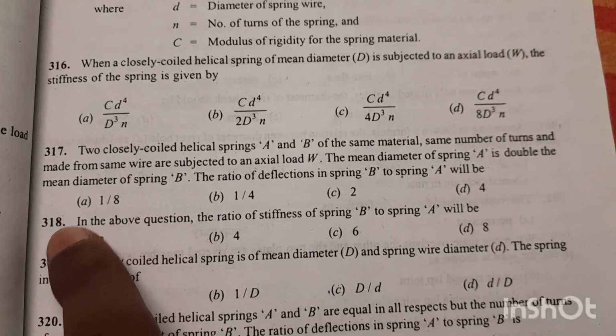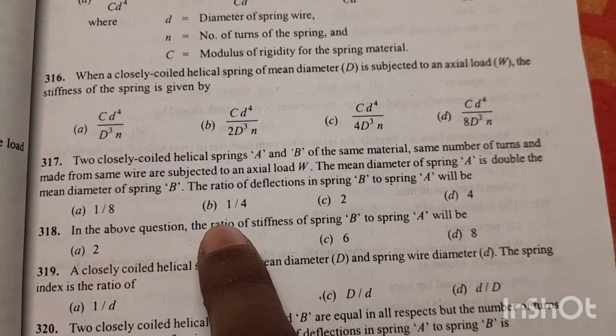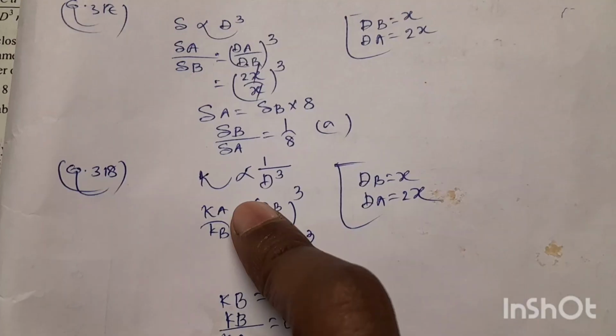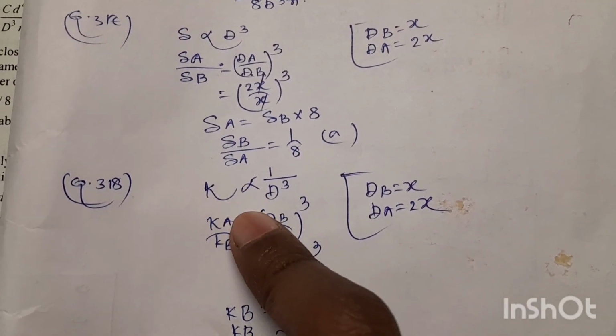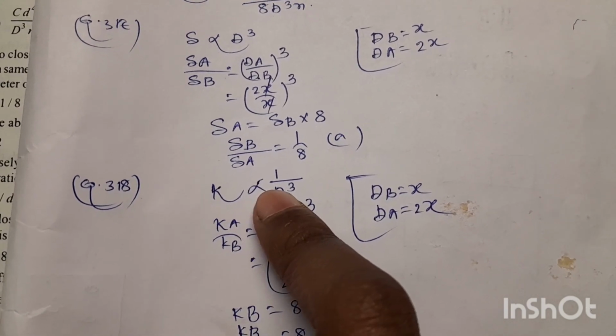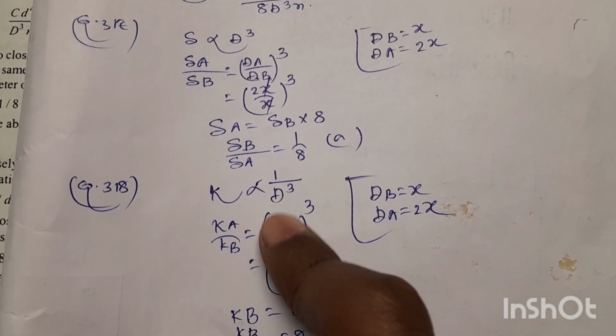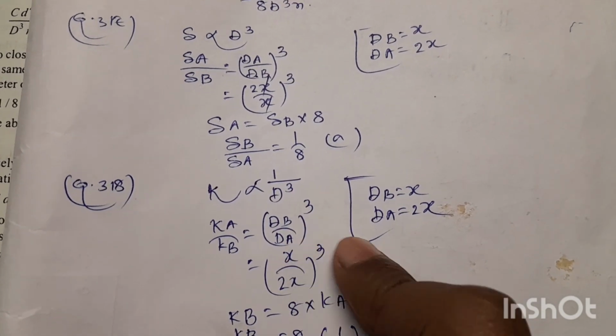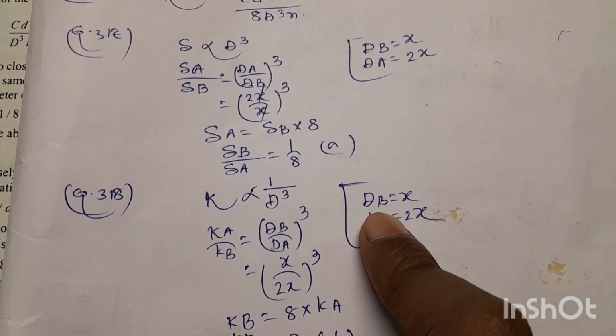Next question 318. In the above question, the ratio of stiffness of spring B to spring A will be? We also know the spring stiffness for a helical coiled spring is inversely proportional to the mean diameter cubed, K is proportional to 1 by D cube.